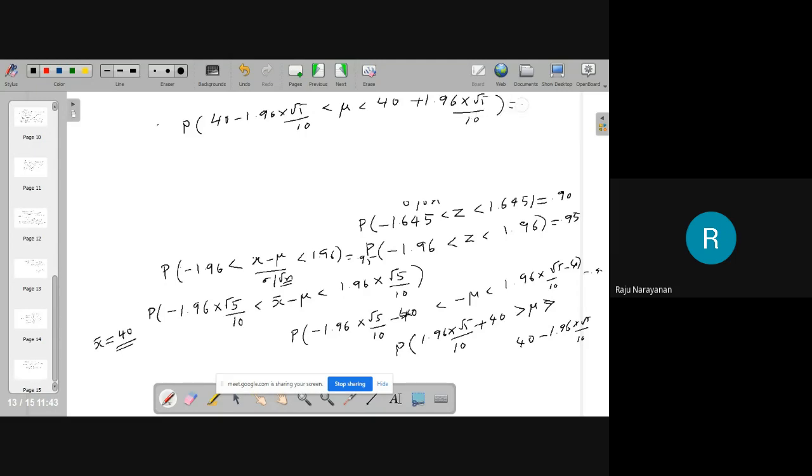This is 0.95. Now you can take your calculator. 40 minus 1.96 into root 5 by 10.